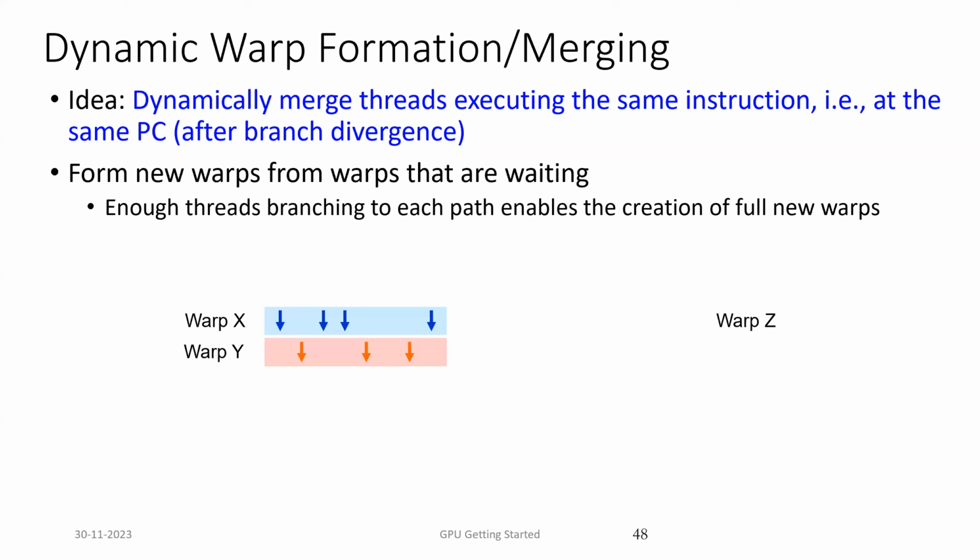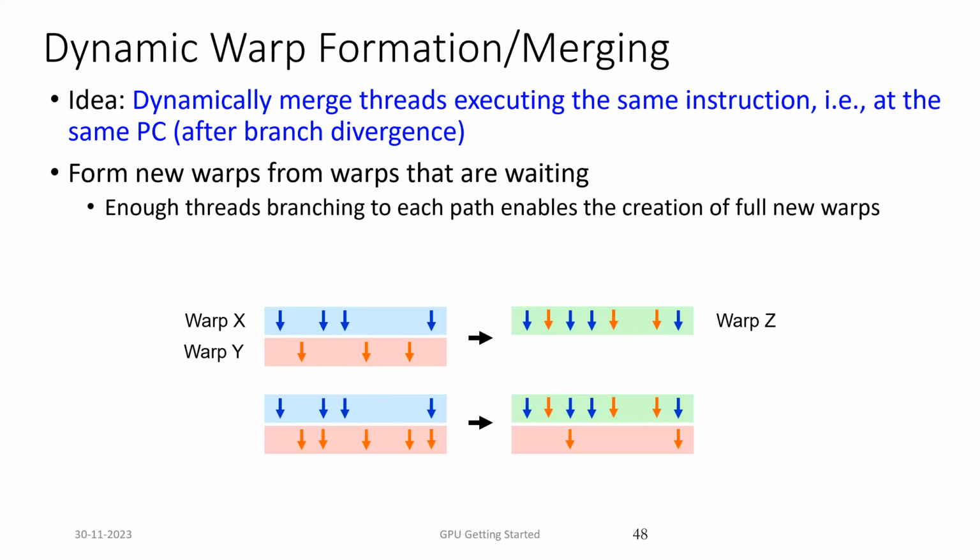Okay, so let's say we have 2 warps like this, warp X and warp Y, right? And warp Z will be like this. So we formed a new warp wherein the threads from X and Y are grouped, and all of these are now following the same path.